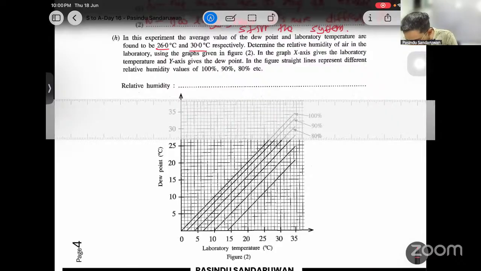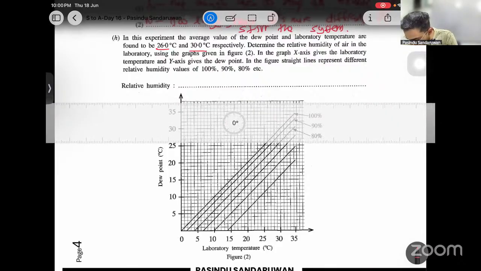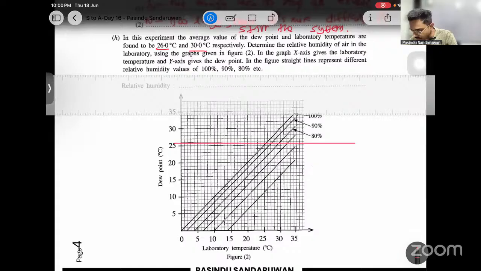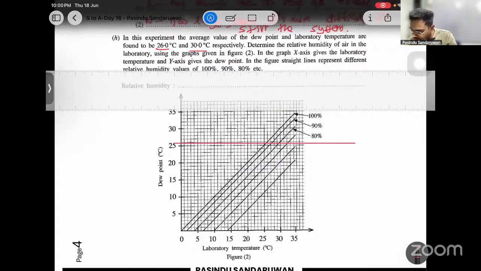Oh, sorry, this one. 26 is here. Right, this one. It should be a little bit above.